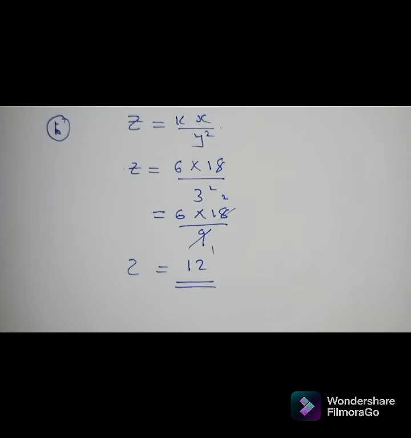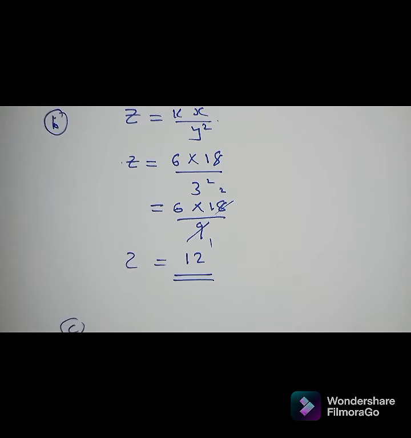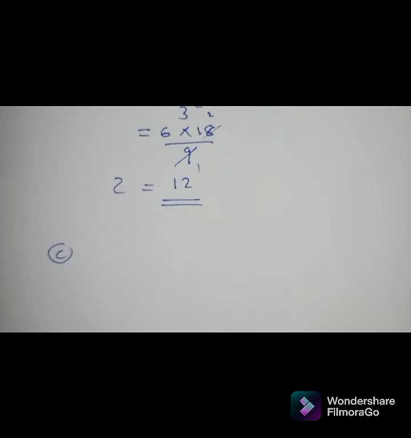We go to C. For question C, they want us to find the value of y. Don't forget the formula. The formula is very important. They want us to find the value of y when x is equal to 30, z is equal to 5.